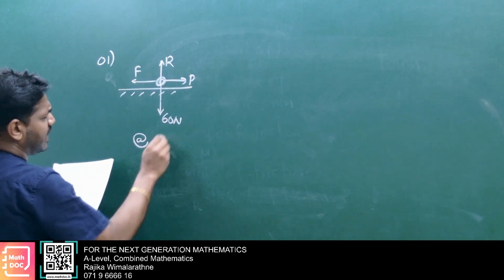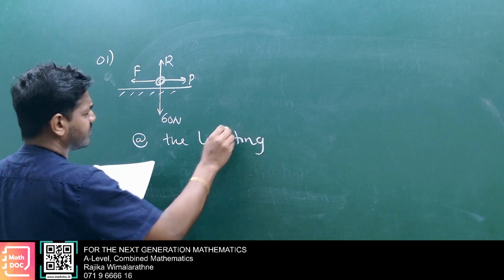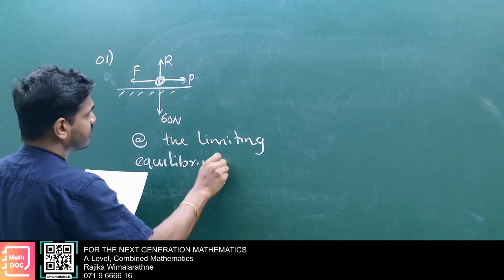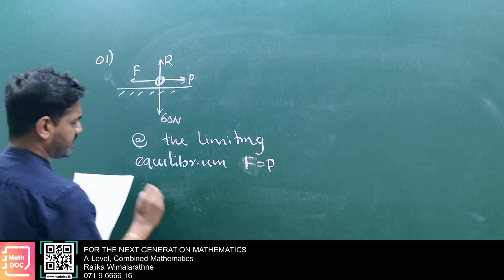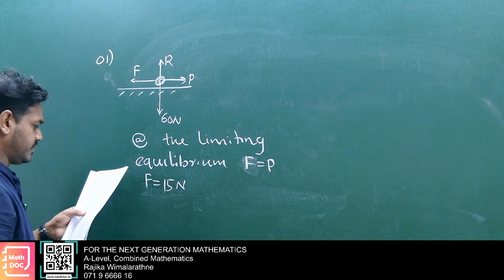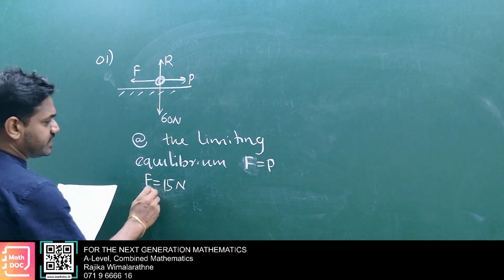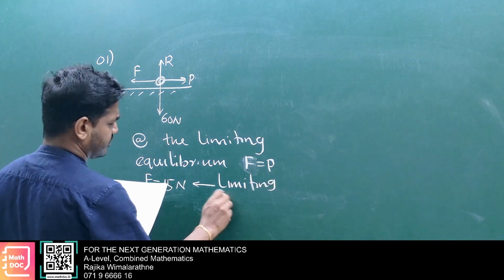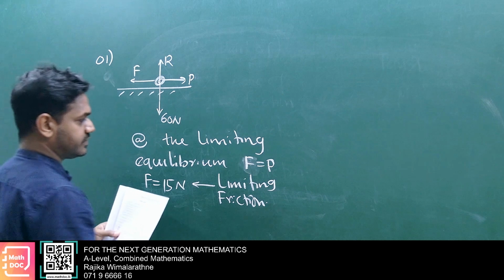So at limiting equilibrium, F equals P. The value of P is given as 15 Newton. Here, this is the limiting frictional force.